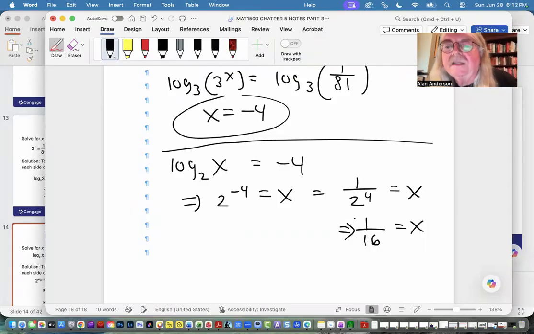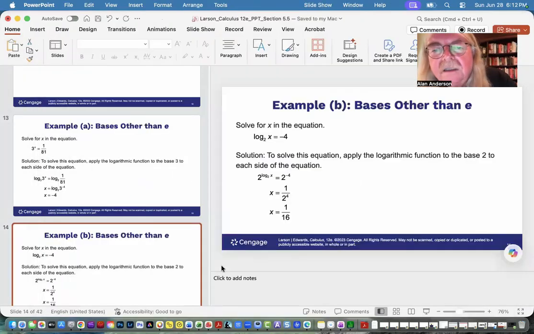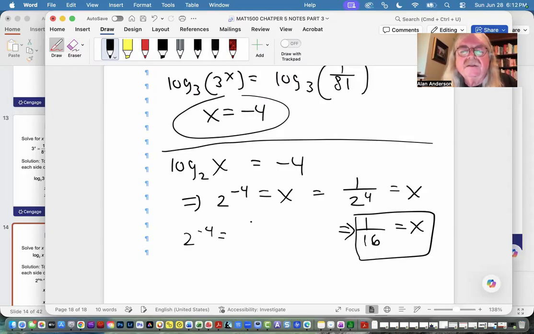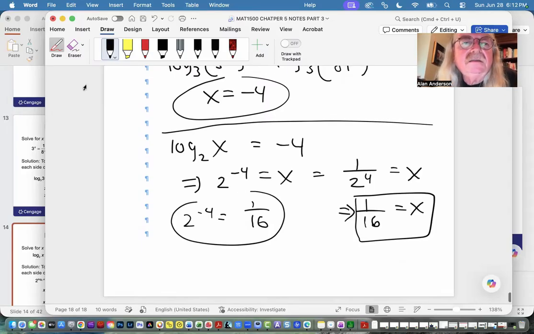We don't have to do anything. This is how logarithms are defined. So in other words, it's 1 over 16, because what it's basically telling us is that 2 to the minus fourth is 1 over 16. All right. Let's see. What else do they have for us?